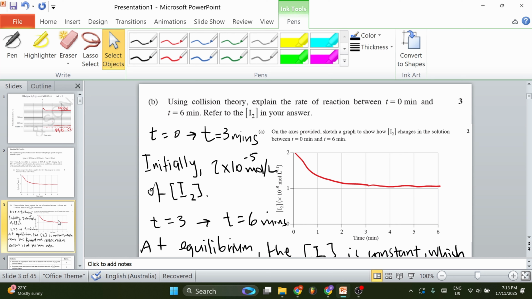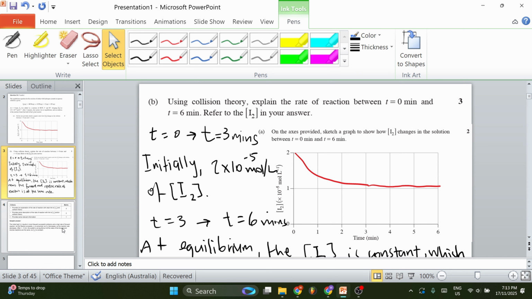This is when the concentration of iodine is now half the amount as before, and from t equals 3 up to t equals 6 minutes, the iodine concentration is now constant, which means in terms of collision theory, the forward rate of reaction is the same as the rate of the reverse reaction, and now it is at equilibrium.